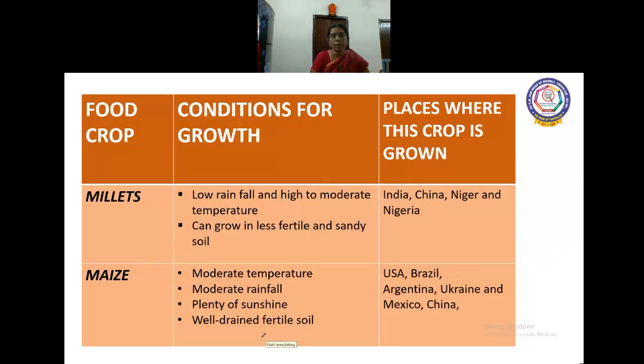This soil contains all important nutrients for the crop to be grown. So fertile soil is a very good soil which is very fit for the cultivation of crops, which contains a lot of nutritious value. It is called a fertile soil. So maize is grown in USA, Brazil, Argentina, Ukraine, Mexico and China.